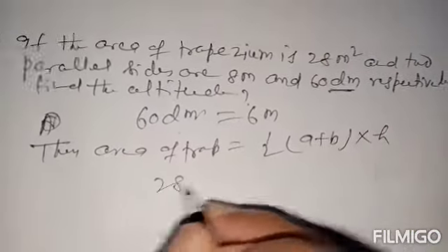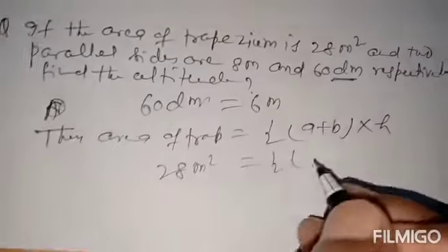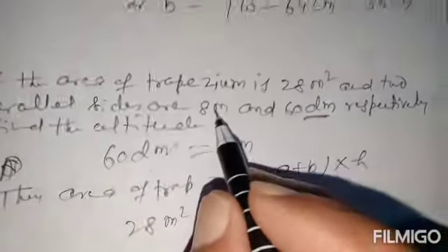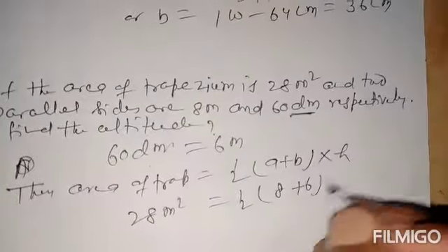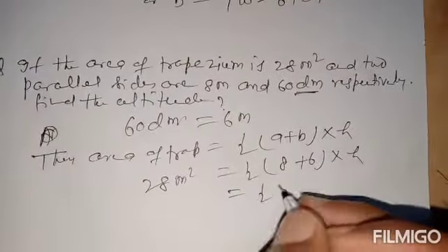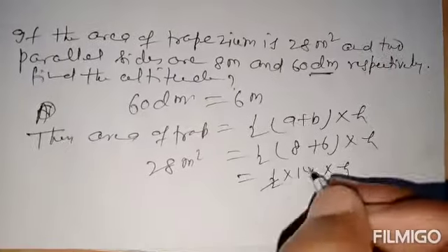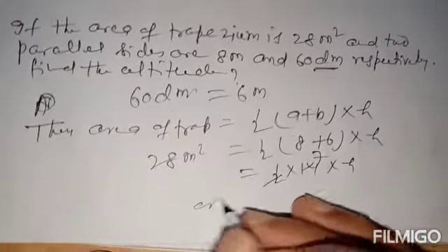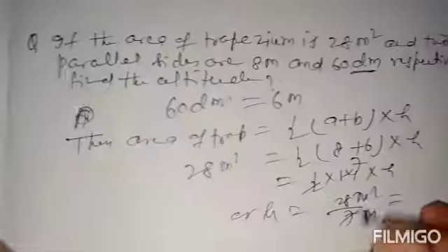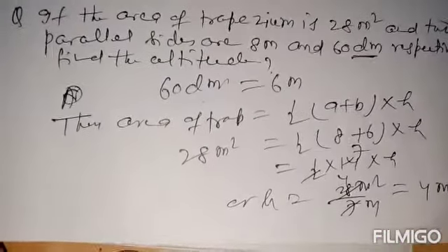Area is 28 meter square, and both parallel sides are given, 8 meter and 6 meter, so 28 is half into 14 into H, that is 7 into H. So H is 28 meter square by 7 meter, which means 4 meter. So the height is 4 meter.